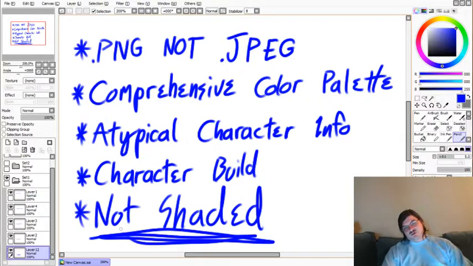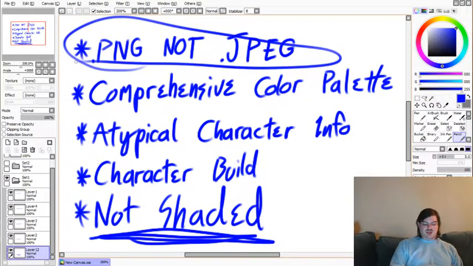Why is that important? Well, for the same sort of reason as why we need PNG and not JPEG. And that's because you want your colors to be accurate. You always want your colors to be accurate, because if your character's colors are guesswork on the artist's part, you could have 4 or 5 different pictures from different artists that the character palette doesn't quite always match up.